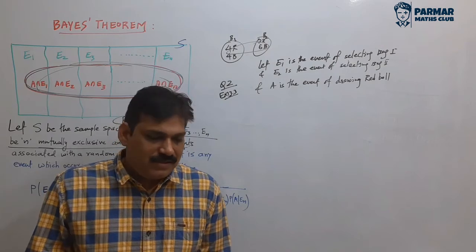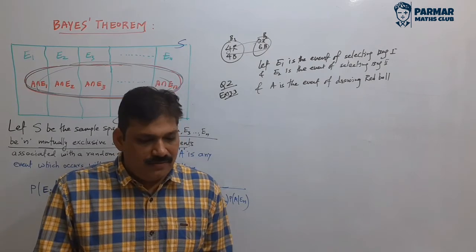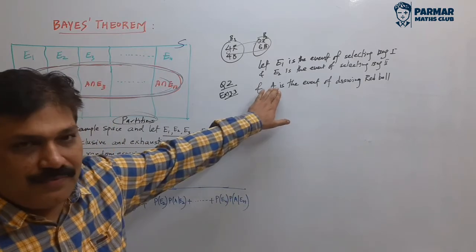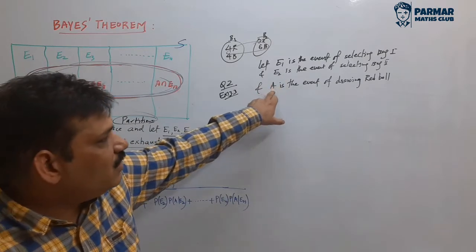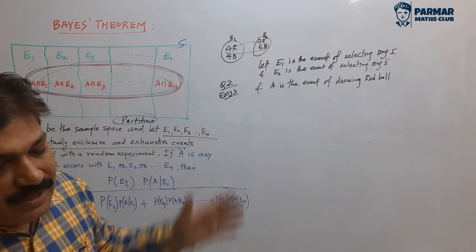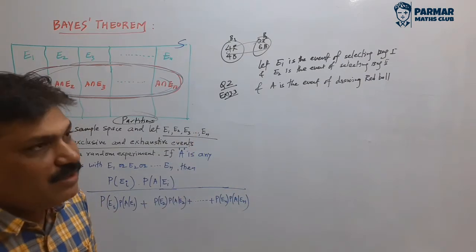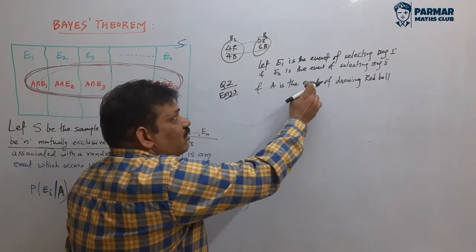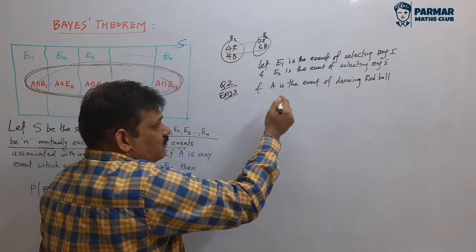One of the bags is selected at random and a ball is drawn, and it is found to be red. It is known that A has taken place. Find the probability that the ball is drawn from the first bag. What is the chance that this drawn ball is from the first bag?